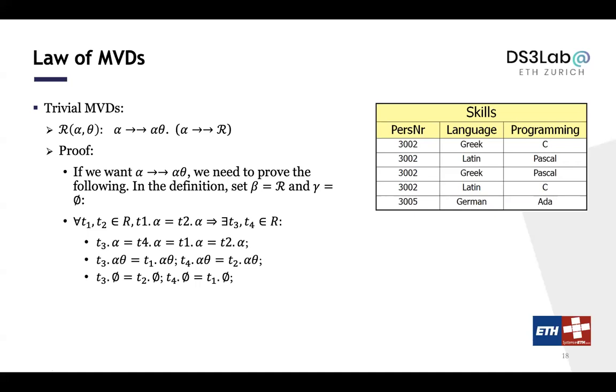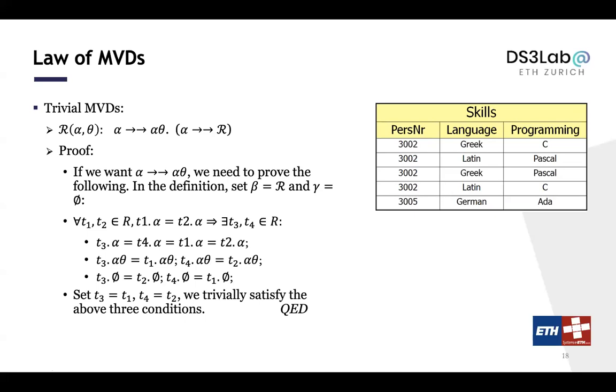Because in this example, if you go back to the definition, gamma is actually the empty side, so the third condition is trivially true. So how can you find this? For any pair of T1 and T2, you just set T3 equal to T1 and T4 equal to T2, then you are done. For any pair of T1 and T2, I can always find T3 and T4.